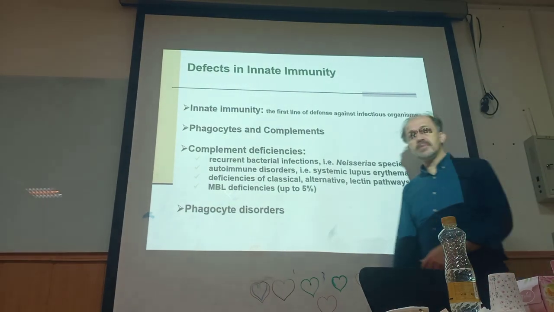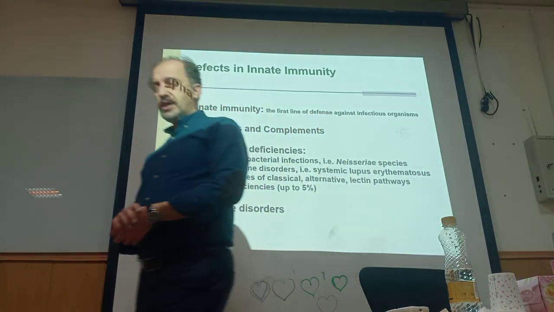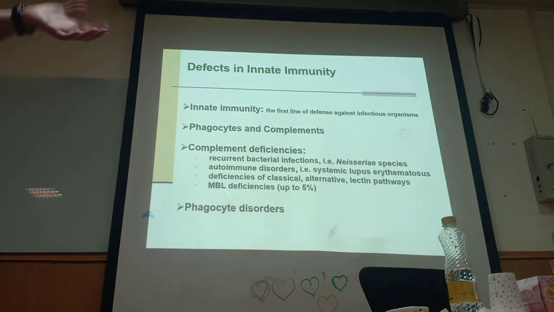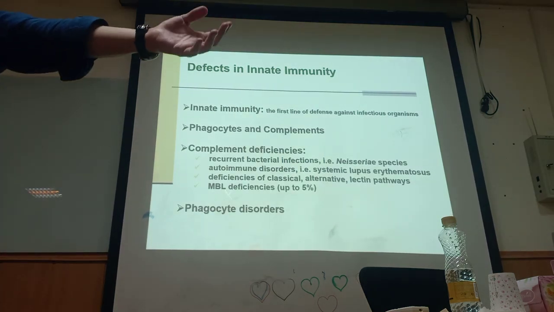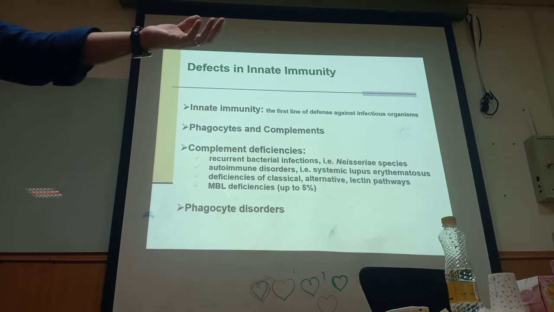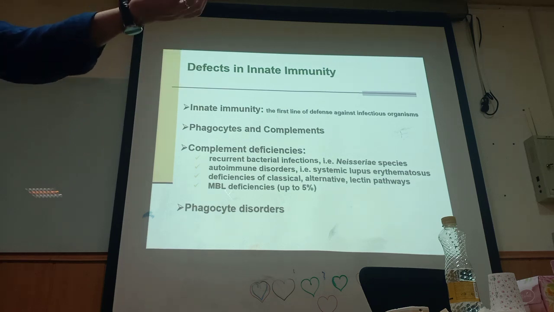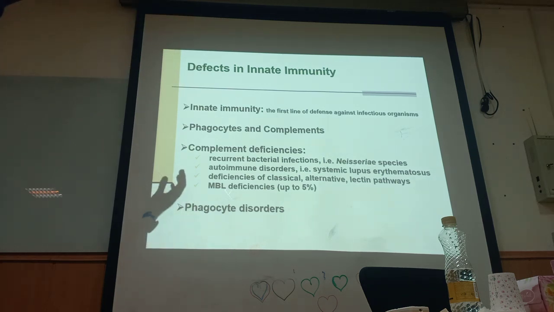So if you remember, the immune system classically could be classified into innate immunity and adaptive immunity. Each part has a cellular and humoral part. What is the cellular part of innate immunity? Neutrophil, okay? Neutrophil, phagocyte cells.